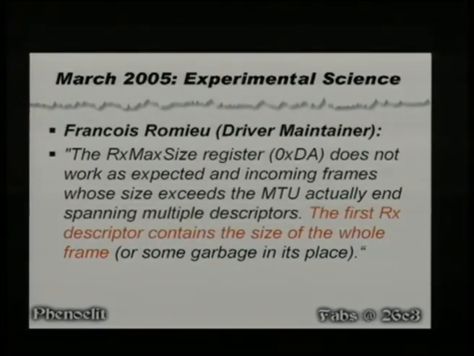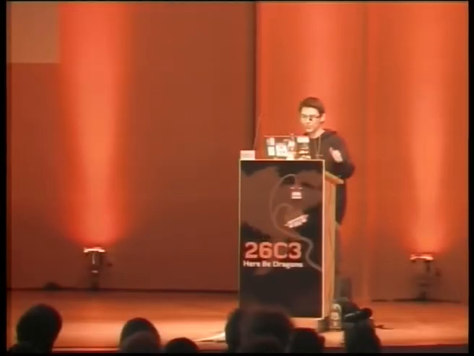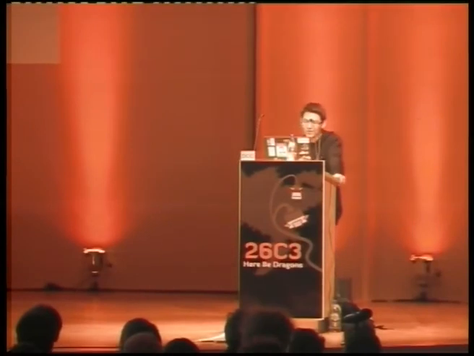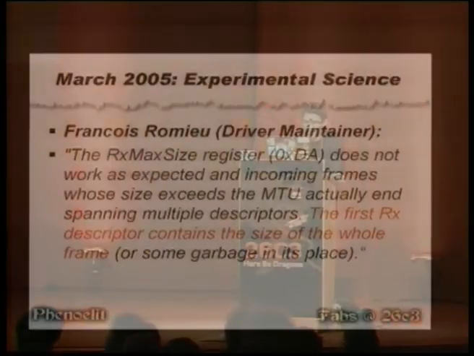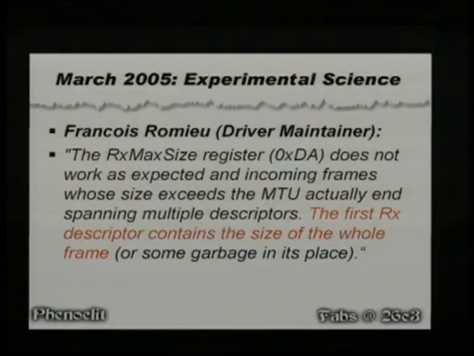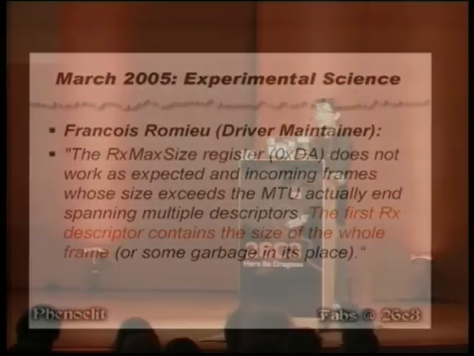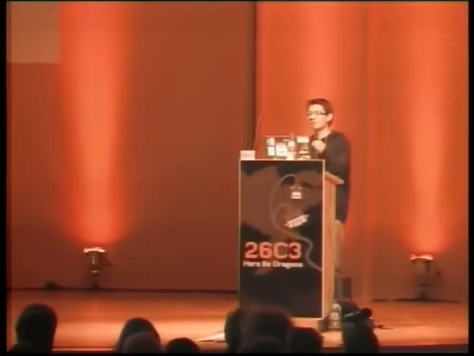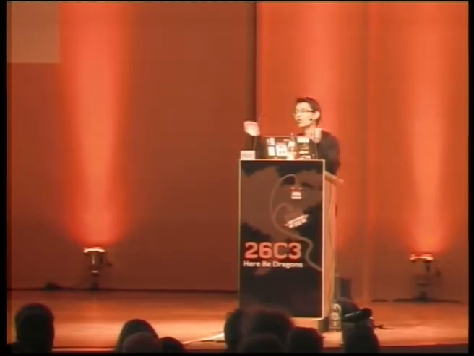So this is what the driver maintainer says, and I love this quote, so I put it on the slide in full. He says that the RX mux size register does not work as expected, and incoming frames whose size exceeds the MTU actually end up spanning multiple descriptors. So this is the same that we saw with E1000. If you have a frame that's longer than a buffer, it will just span multiple buffers.